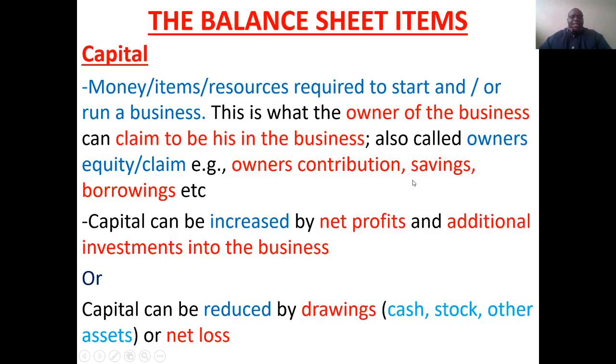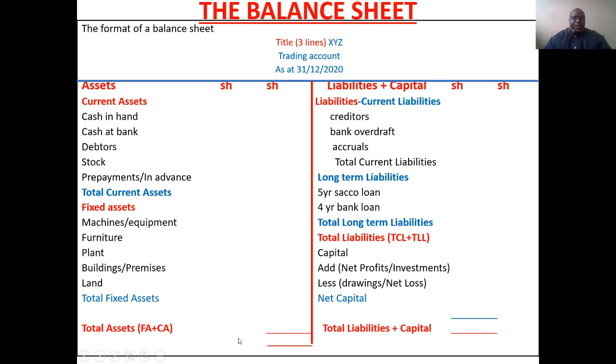Savings will also be brought in as capital. Borrowings make up capital. Capital can be increased by net profits and additional investments into the business, and capital can be reduced by drawings either in form of cash, stock, or other assets, or can be reduced by net loss.